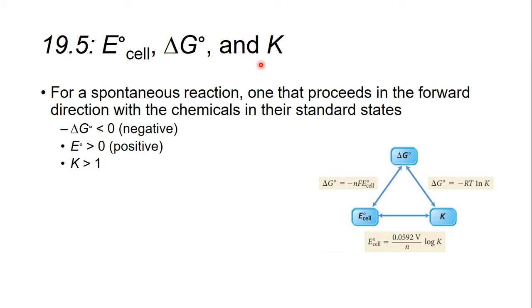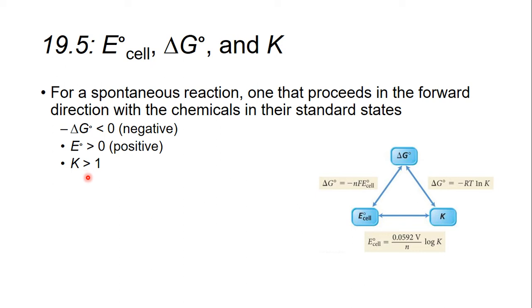We can actually talk about all three of these in terms of a spontaneous reaction. Spontaneous reactions have a negative delta G, a positive E cell, and a K greater than 1.